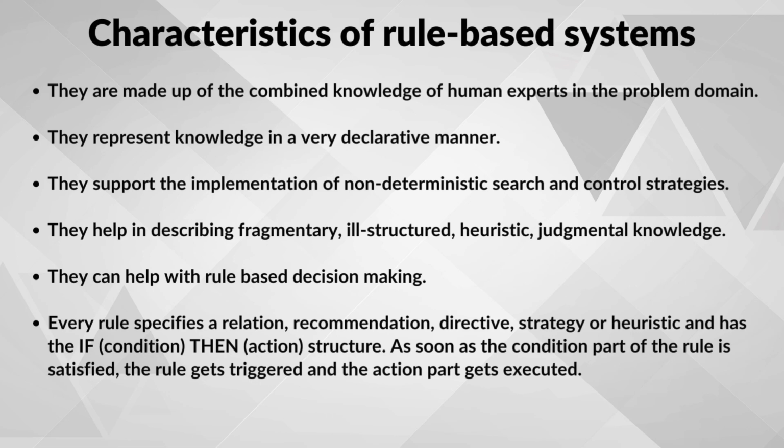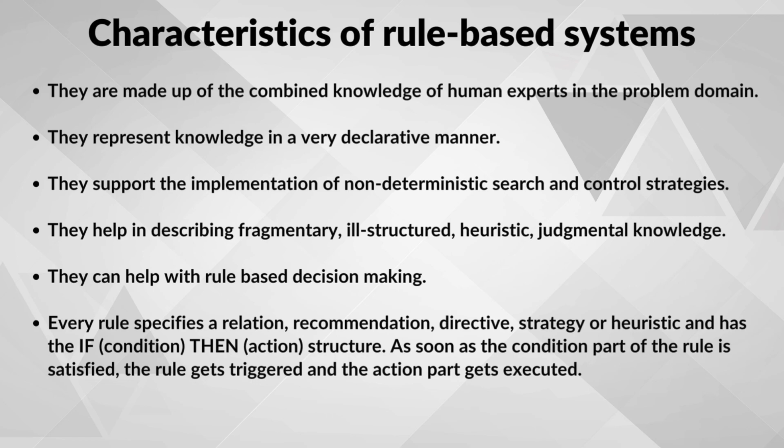The next characteristic is handling fragmentary and heuristic knowledge. Rule based systems excel at handling incomplete, heuristic and loosely structured knowledge. They can effectively navigate situations where knowledge might be partial or based on the experts' heuristics.